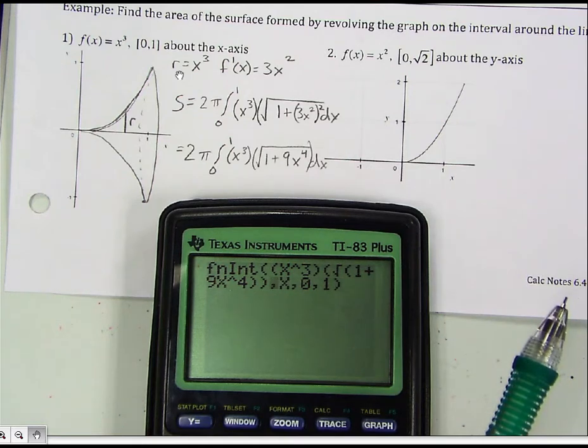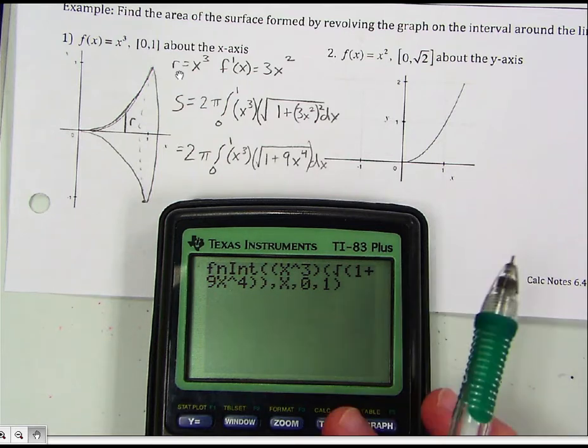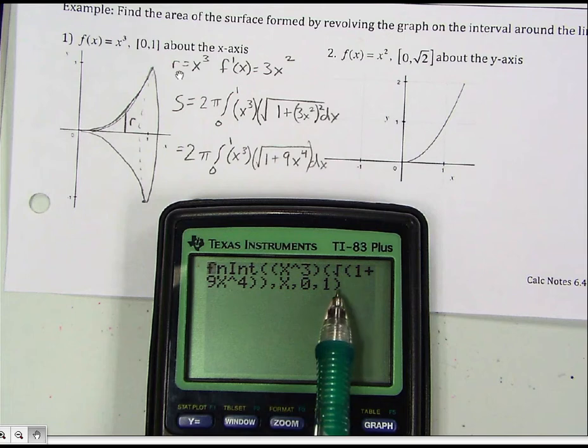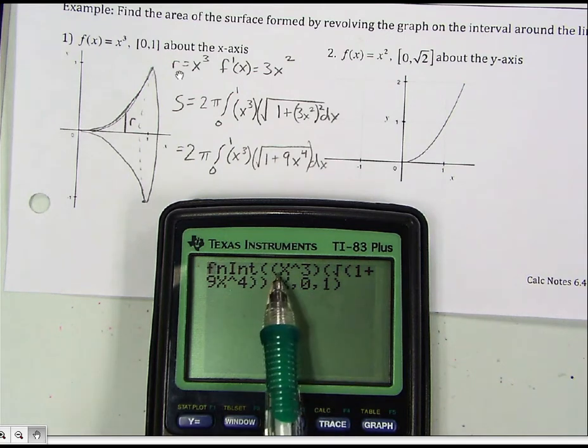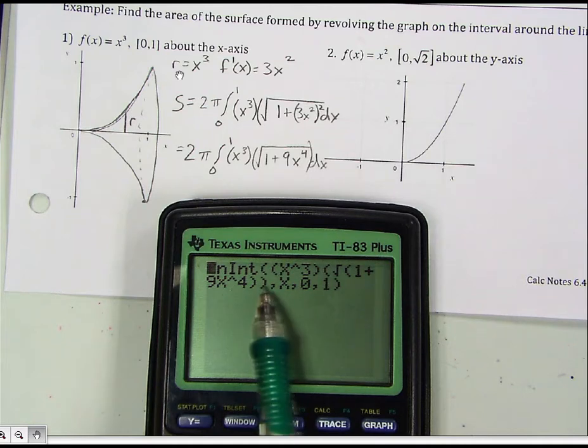Looks like I have the right amount of parentheses. I think you need one more in the beginning. Okay, so this one right here is going to correspond with this one at the end. This one and this one match up. This one and this one match. Oh, you're right. Okay. And then inside the square root.